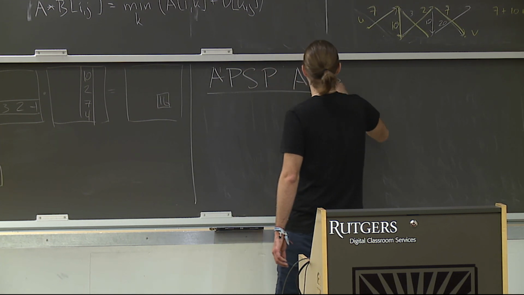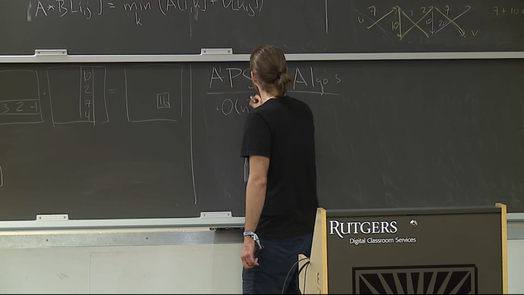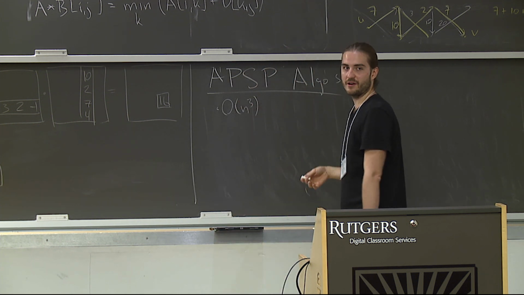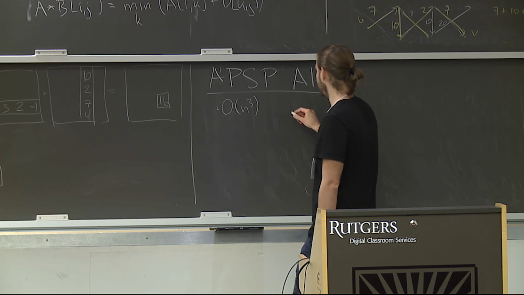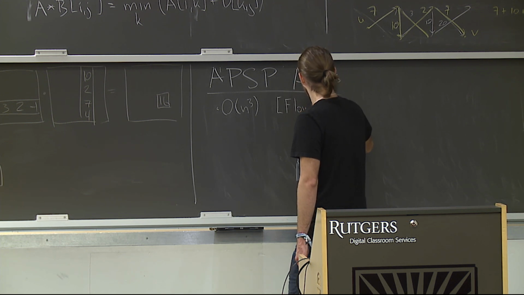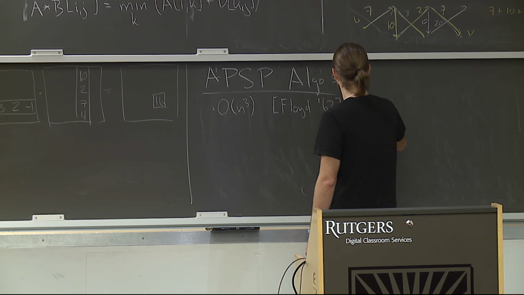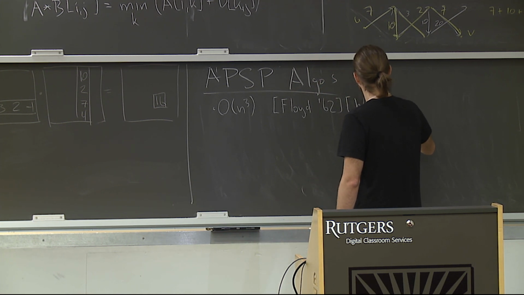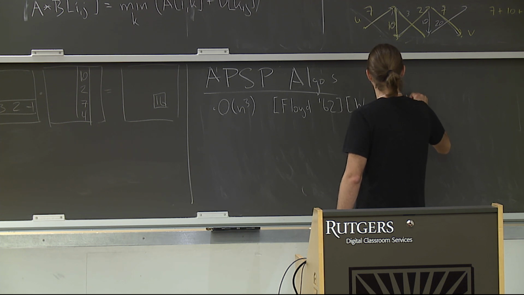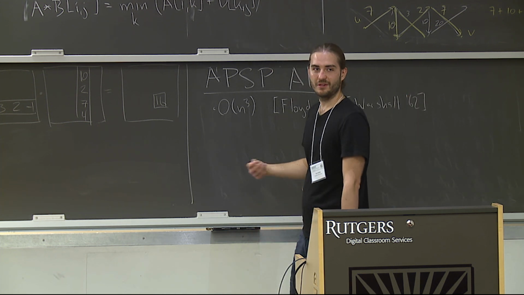APSP algorithms. So the first one, obviously n cubed, which is not trivial because you still have to argue that it actually runs in n cubed time, right? It is due to Floyd and Warshall independently, in 62. And then people started to shave lower order factors, right?